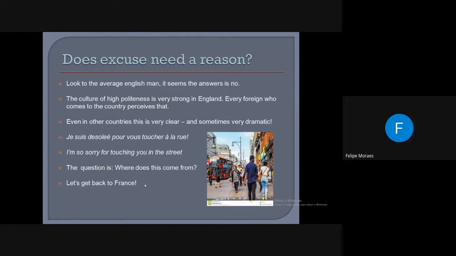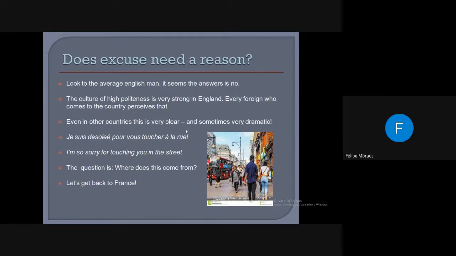Okay, or even in other countries, this is very clear, and sometimes very dramatic. And I put some words in French here. This word means I'm so sorry for touching you in the street. Je suis désolé pour vous toucher dans la rue.